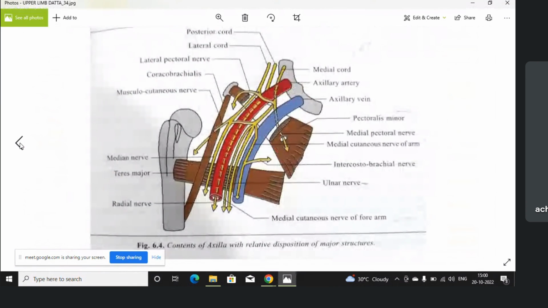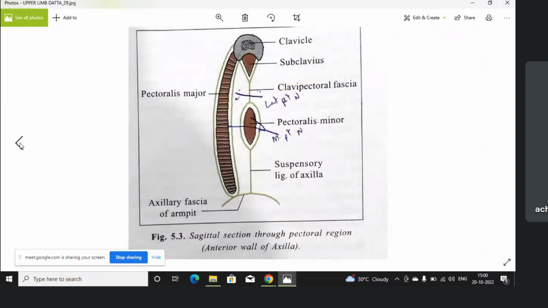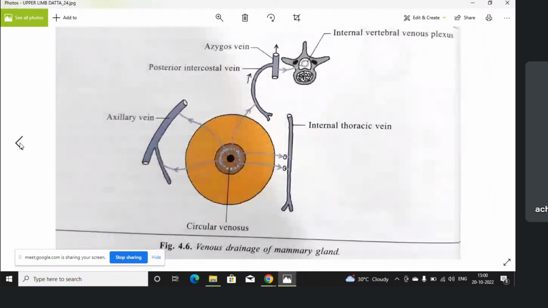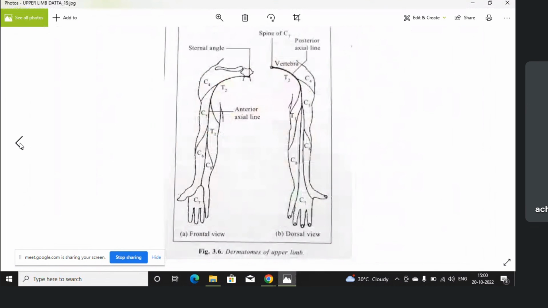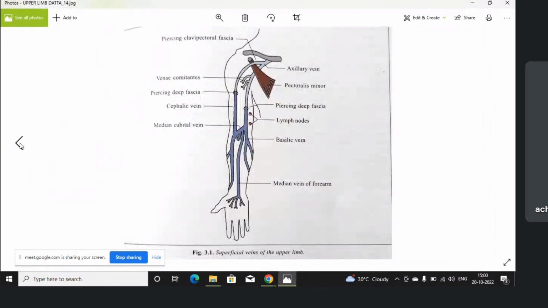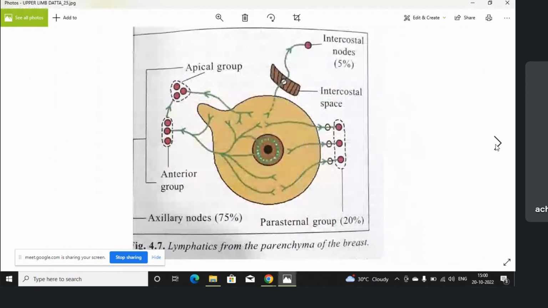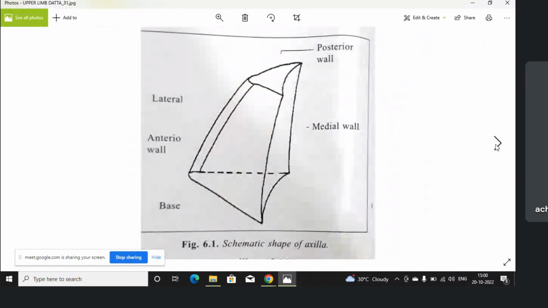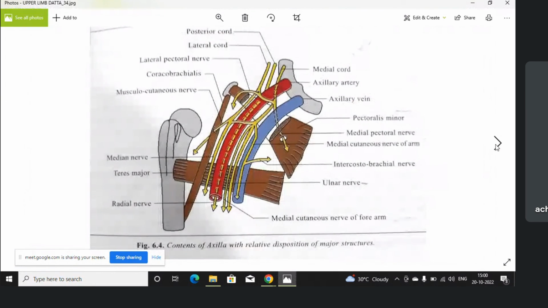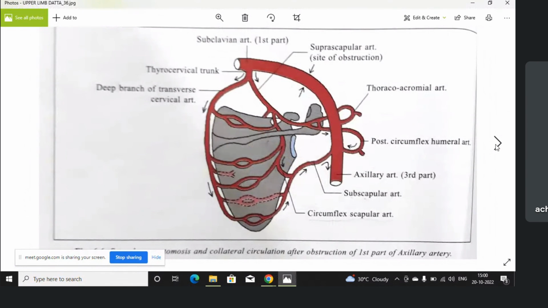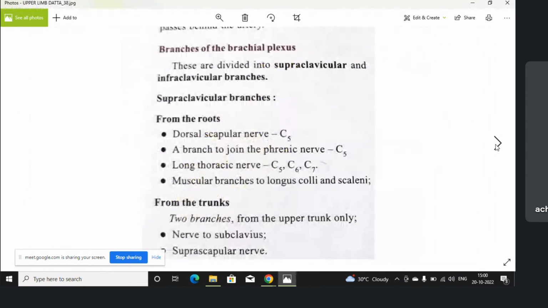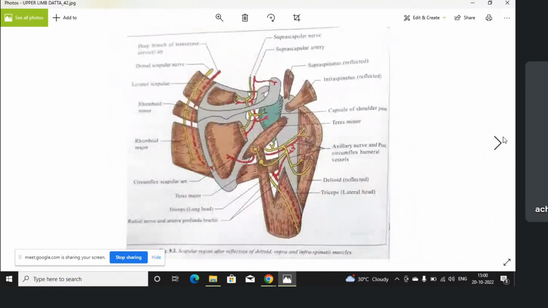Blood supply: suprascapular artery and axillary artery. Okay, writing suprascapular and axillary artery is enough.